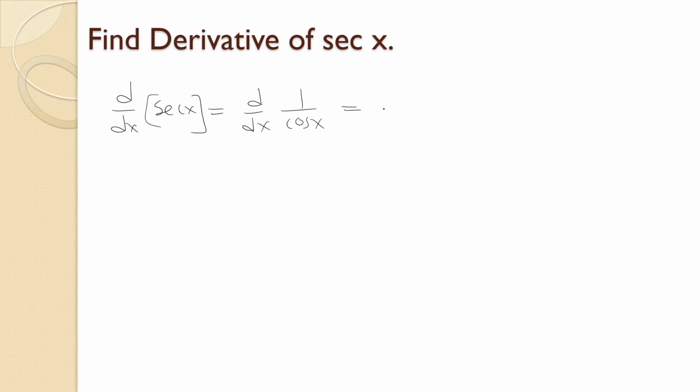That would then be the big long division bar. I'd have the denominator times the derivative of the numerator, minus the numerator times the derivative of the denominator, and that's all over the denominator squared.